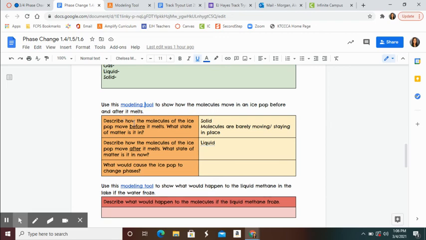Thinking about the molecules, describe what they look like before it melts and what state of matter it is in. Before it melts, it's a solid and those molecules are barely moving and staying in place. After it melts, it's a liquid, and then describe how those molecules are moving. Also think about what causes the popsicle to change phases. What is happening to cause most things to change phase?